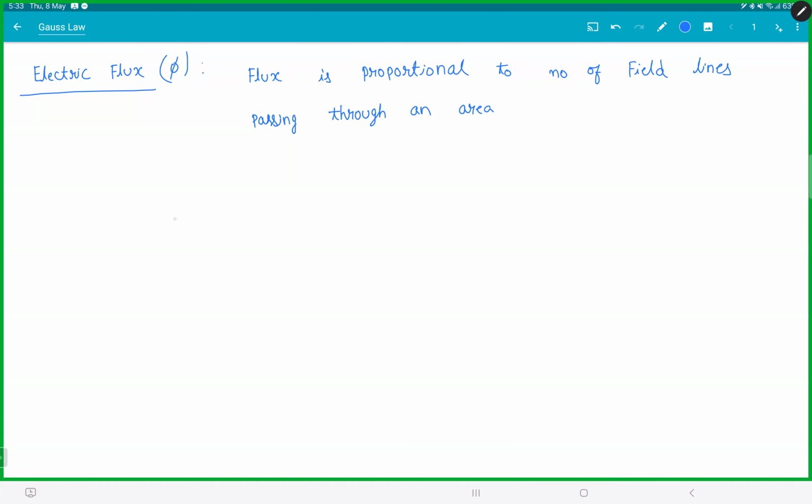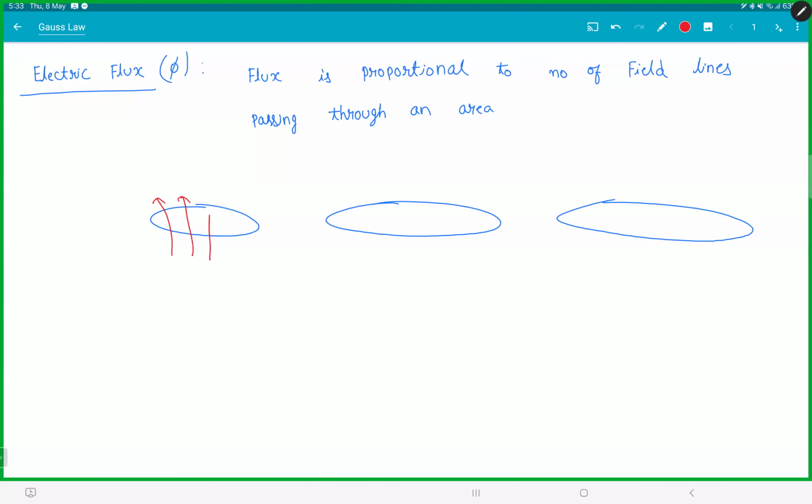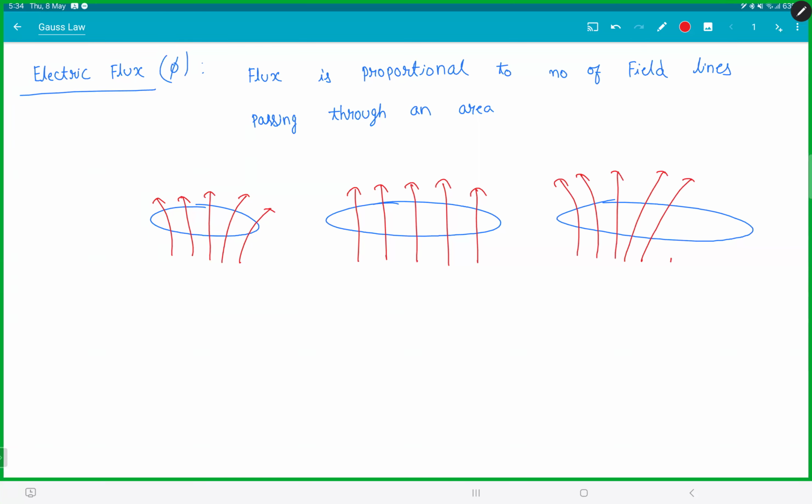That means if I have an area like this, a bigger area, and let's say field lines are like this. Let's say there are 5 field lines here. Here also there are 5 field lines which are perpendicular to the surface. Let's say there are 6 field lines coming out and 1 field line going in.